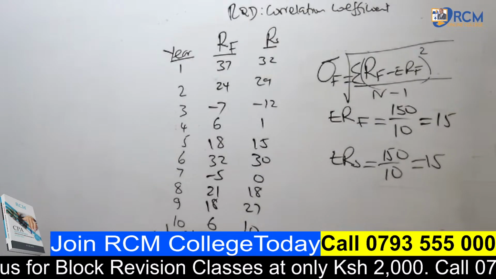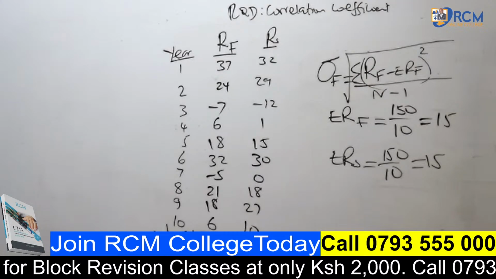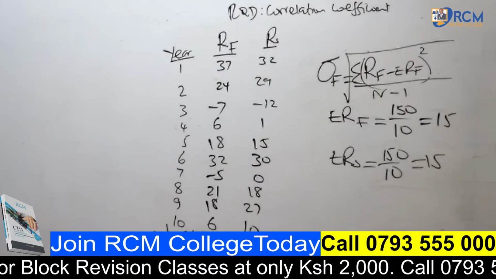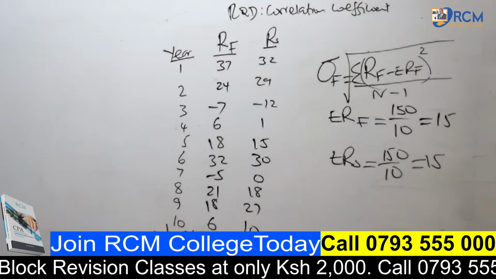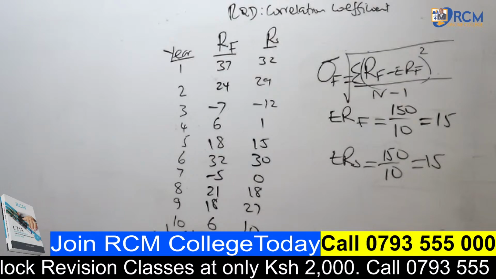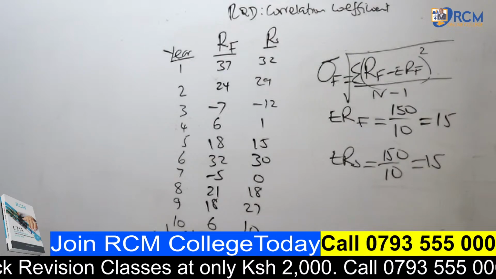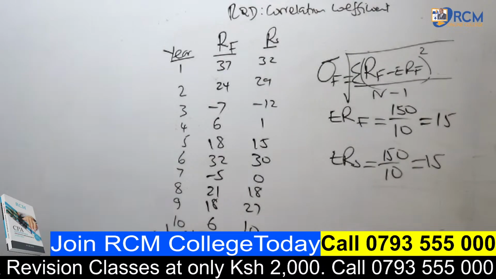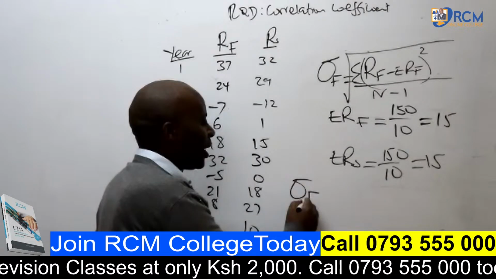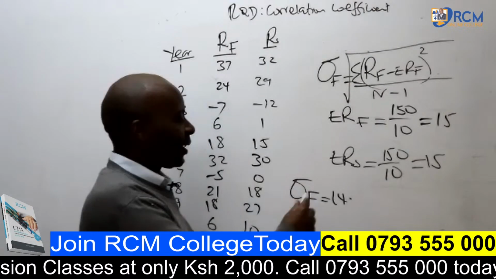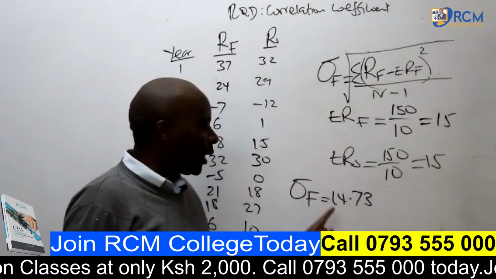So is there somebody who has been able to get an answer for us? Abdullah is getting 14.73. According to Abdullah, the standard deviation of F is 14.73. Is there any other student who has been able to get this standard deviation for F?